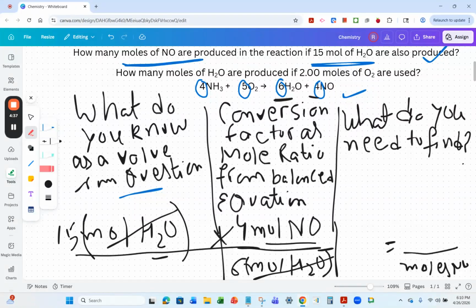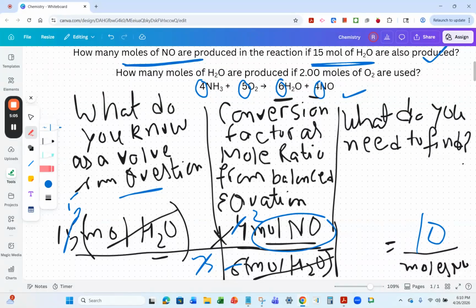So I'm left with moles of nitric oxide. This is what I need. And the rest is calculation and we can find the answer. I tried to do the calculation without a calculator, so it looks like my answer is 10.